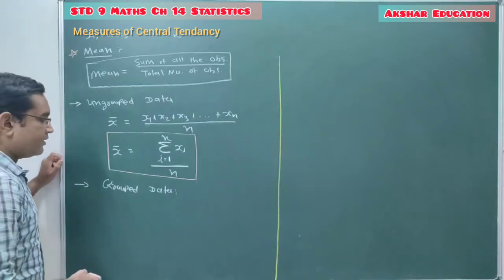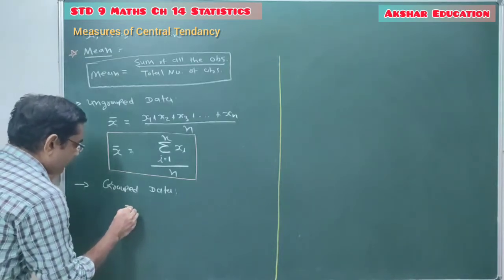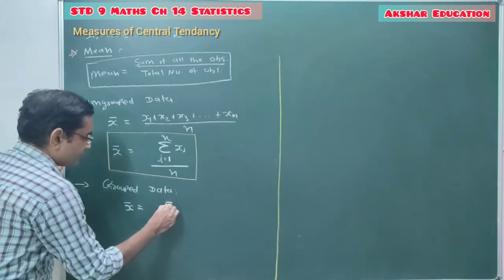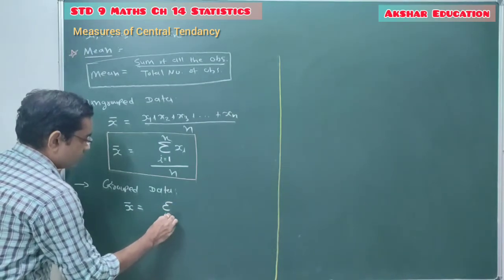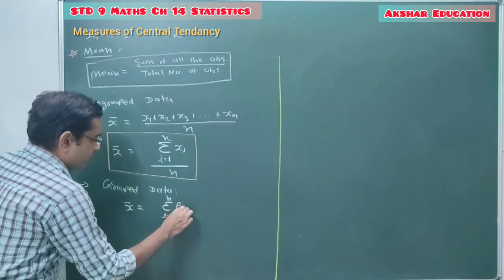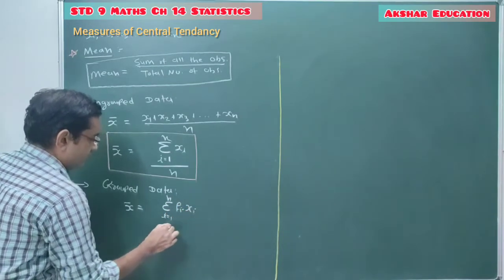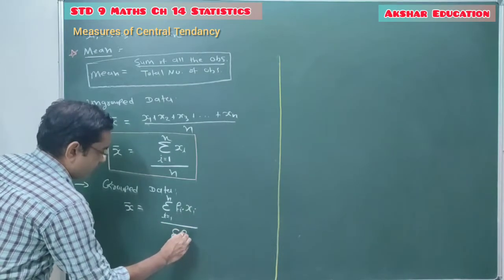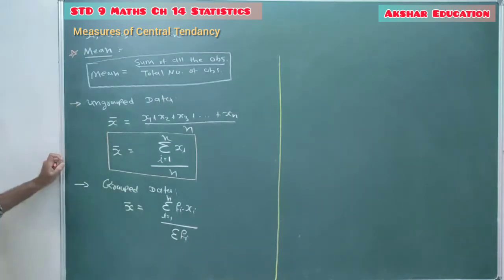So if grouped data is given, the formula to find the mean of that grouped data is nothing but the sum of all the observations from 1 to n. You have to multiply the frequency with the given data, sigma fi xi, and then you have to consider the sum of all the frequencies, the sum of the frequencies of all the given data, that is the total number of observations.